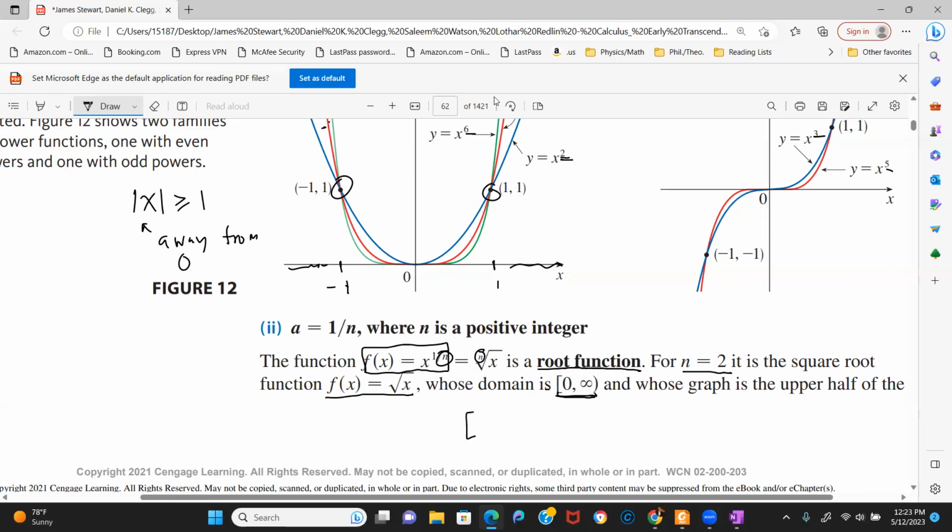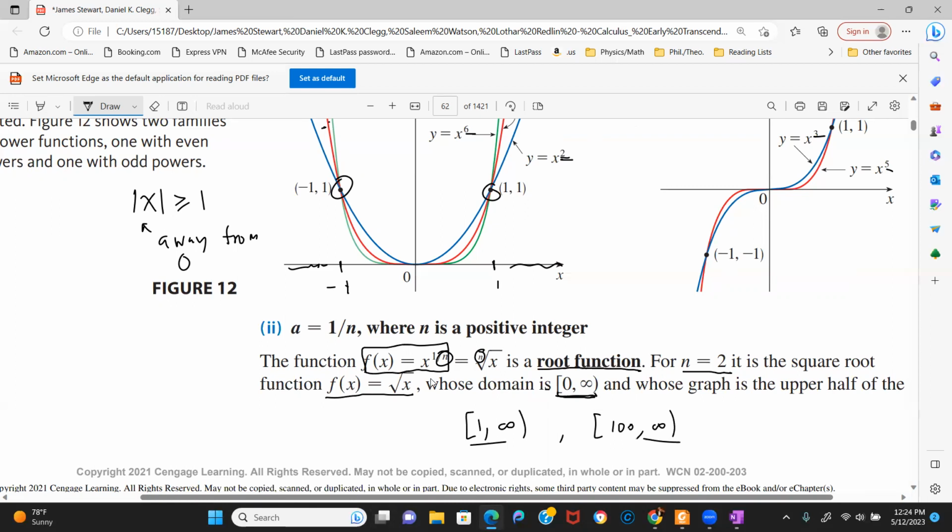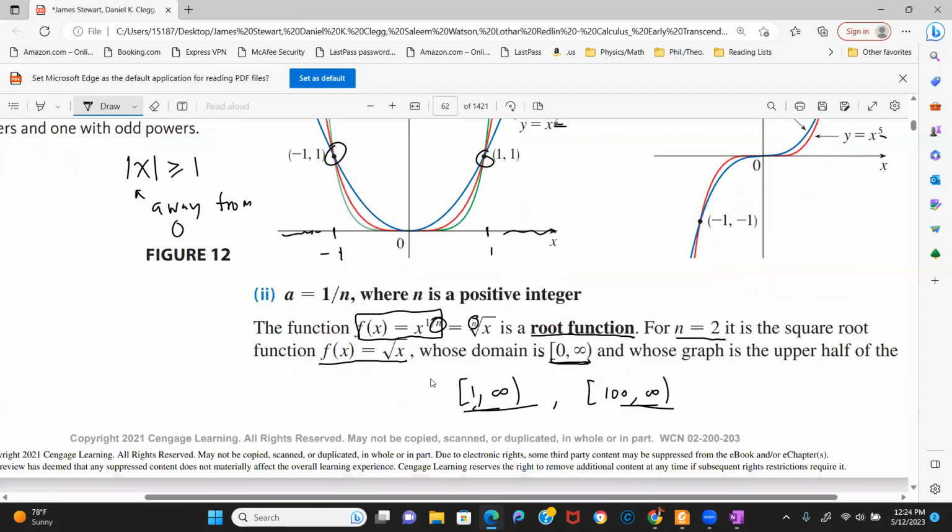Say you can consider it on 1 to infinity, or maybe like 100 to infinity. The square root function is defined on these intervals also. And for certain applications, that's the domain you want to take, but usually the convention is that the domain is the largest set.